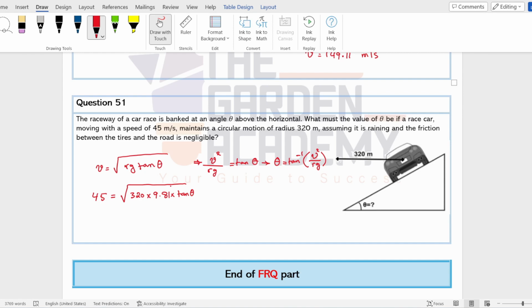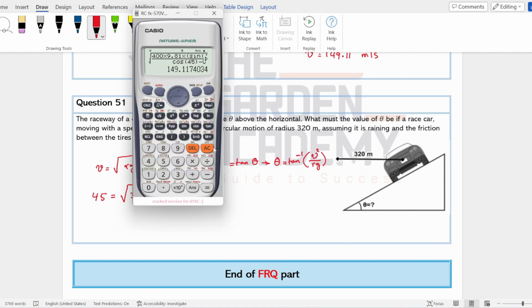If we do the second one, sometimes we do not get the answer directly, because when we have a square root of tan x, for example, and you do shift solve, sometimes it doesn't give you the correct answer. So anyway, let's use this one to find theta. We say tan inverse, and make sure that the calculator is in degrees.